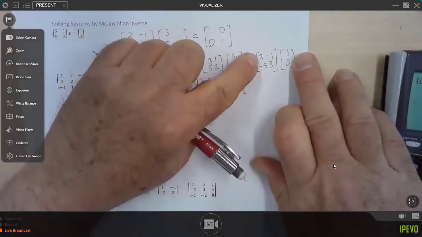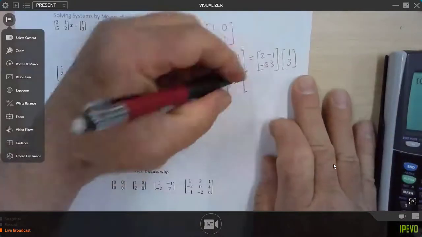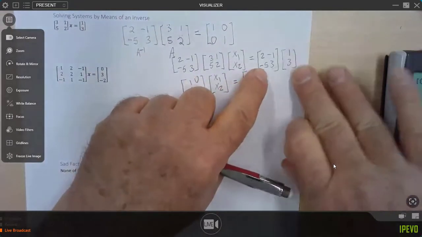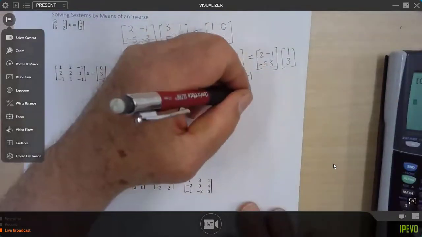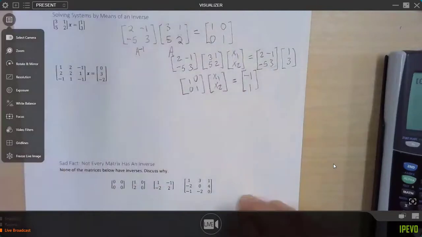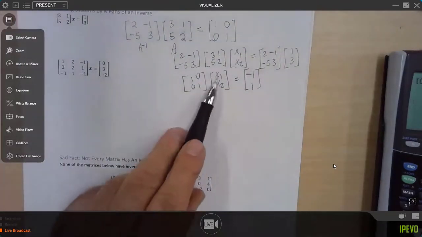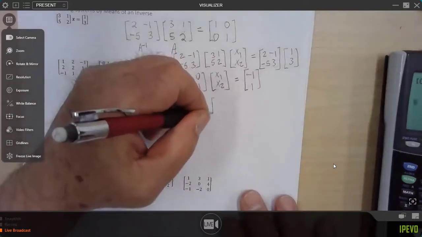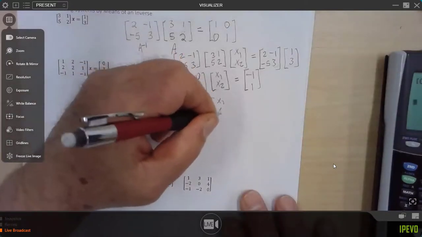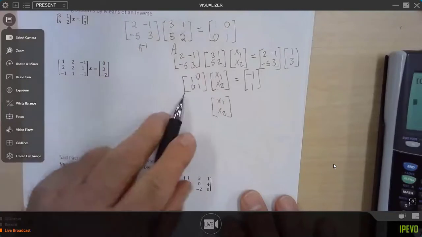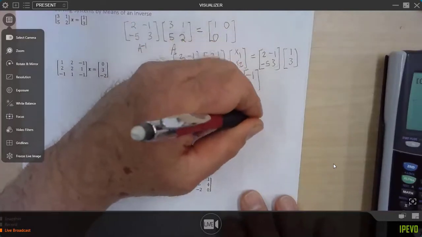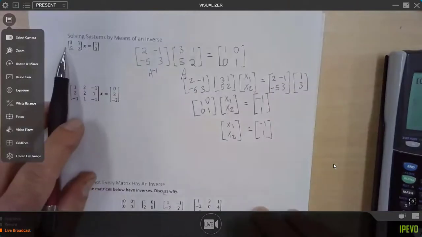It'd be 2 minus 3 is negative 1, and minus 5 plus 6 is plus 1. And when we multiply x1, x2 on the left by the identity, we get x1, x2 back, because it's the identity matrix. So minus 1, 1 is supposed to be the solution to this system.